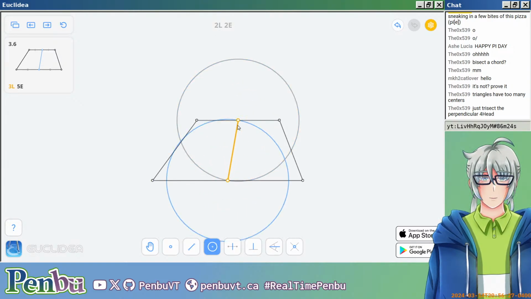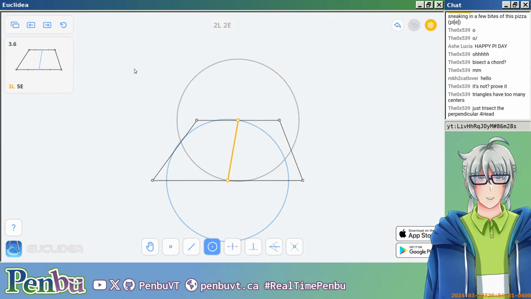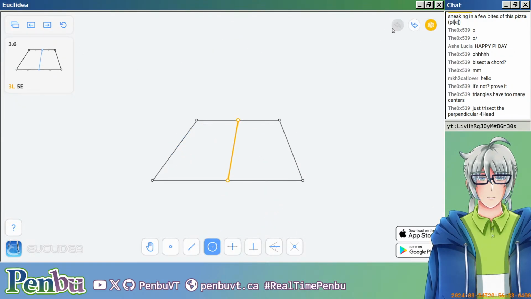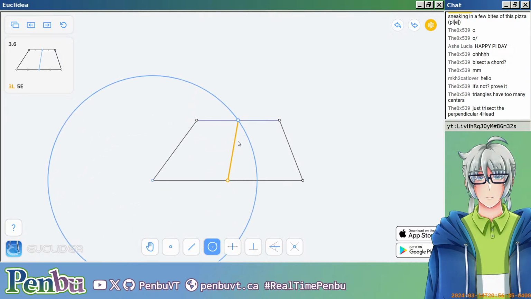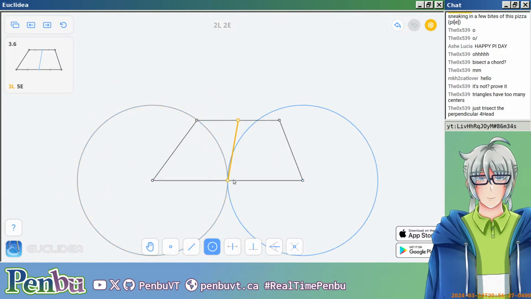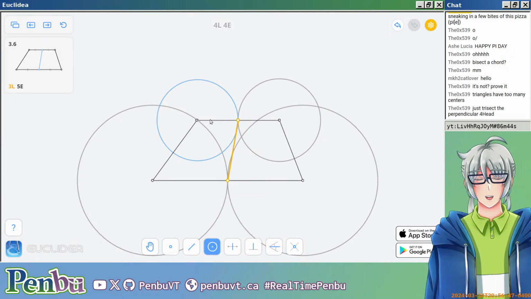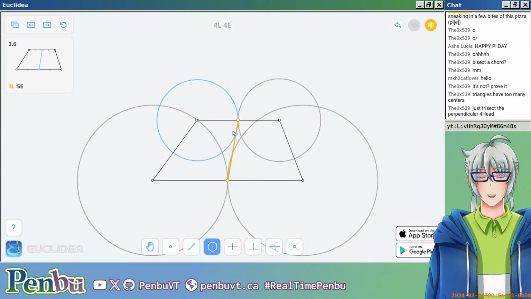This point, I don't think this is special. Doesn't look special. This sort of makes sense because they'll only intersect at one point because this is bisected, which means these two radii are the same. But that doesn't really help us.